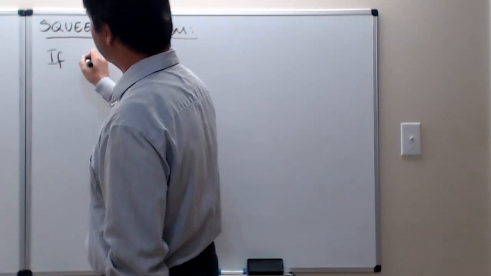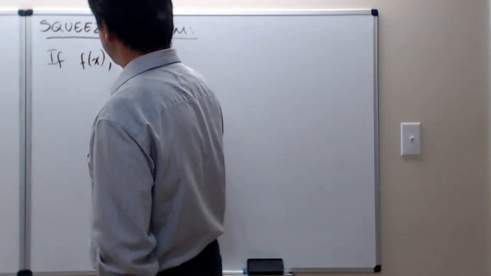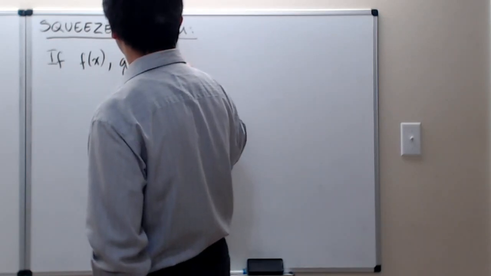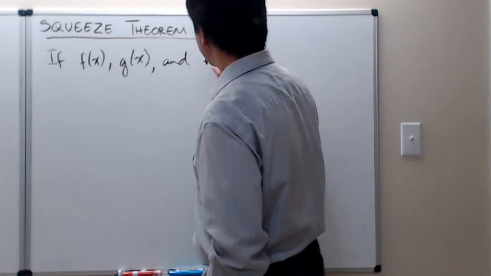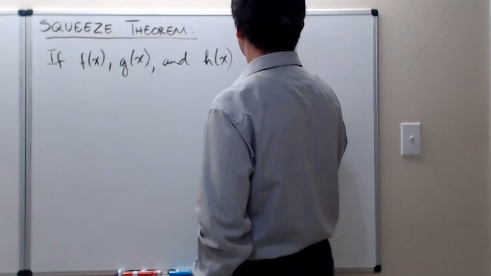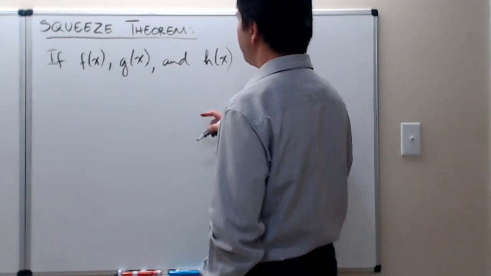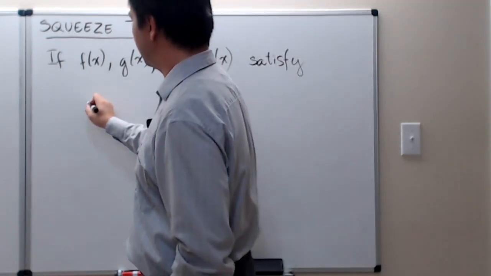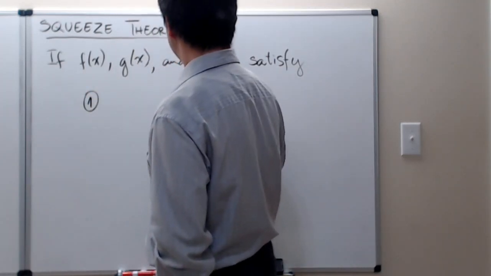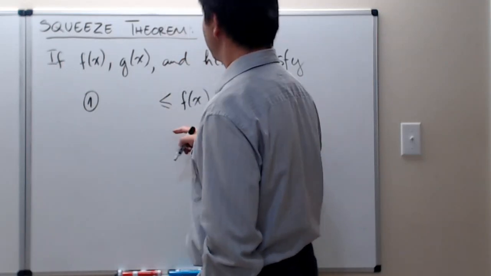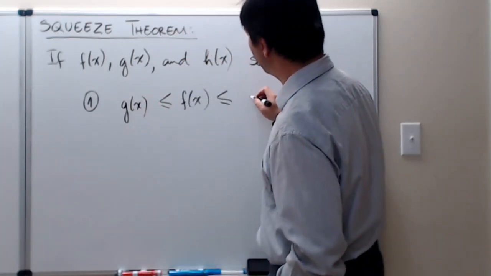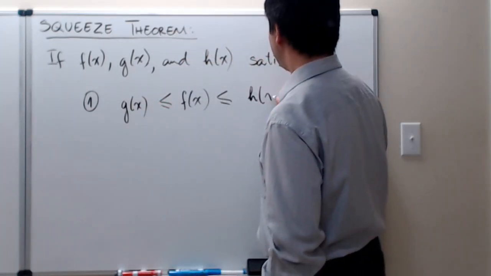So if some function f of x, and some function g of x, and some third function h of x, all satisfy number one, about f of x being trapped between, so greater than or equal to g of x on the left hand side and less than or equal to h of x on the right hand side.